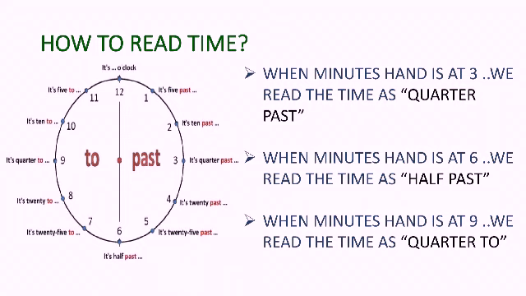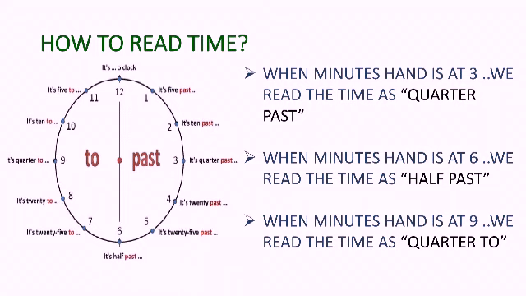Now when the minute hand is at 3 or at 9, if it is at 3, that means 3 fives are 15. Right? When you divide 60 by 4, you get 15 as an answer. So 4 means quarter. You have read, right? Once, twice, thrice, and fourth is known as quarter.